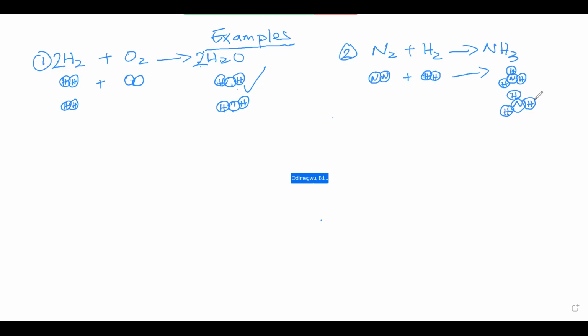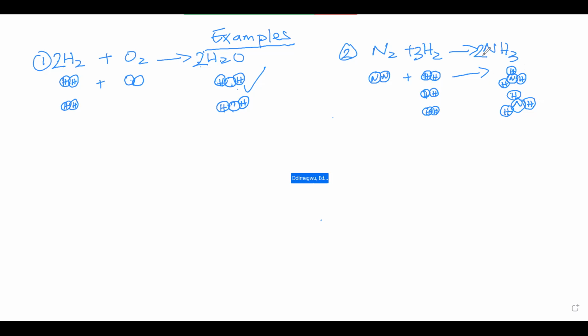There are 6 hydrogen. So we add. Now we have 3 here, we have 2 here. So these are balanced equations.